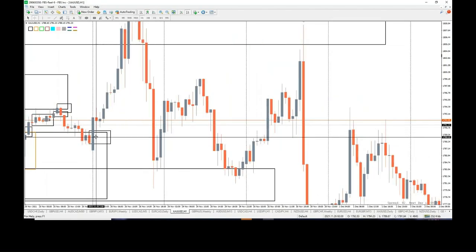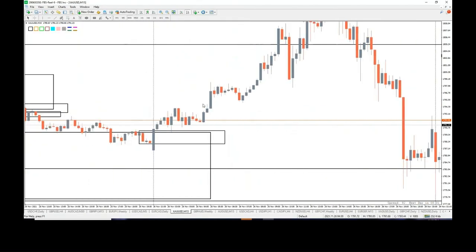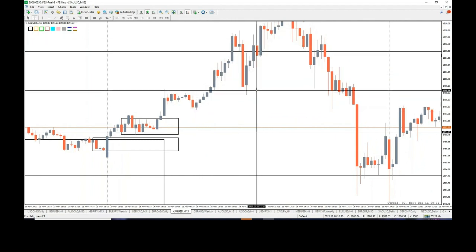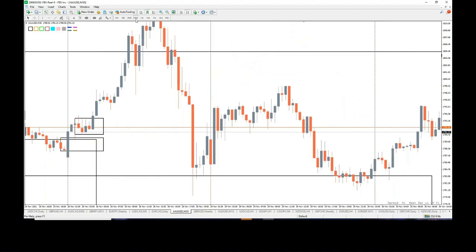This is the H1 zone, right? So you can go to M30 or M15 if there's any engulfing buy. So you can re-entry. Along the way to go up here, you just go for a buy.